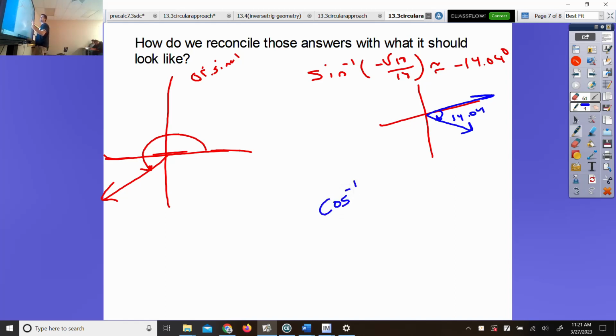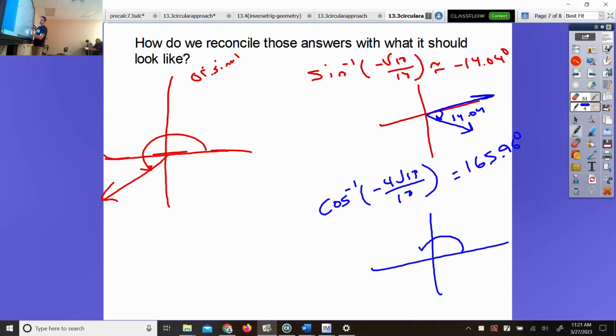We did arc cosine of negative 4 root 17 over 17, I think. It was what, 155.96? No, 165.96. So it would rotate about right there.